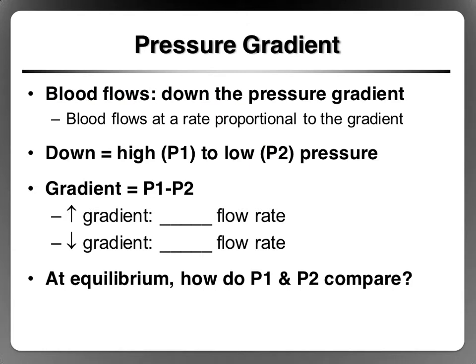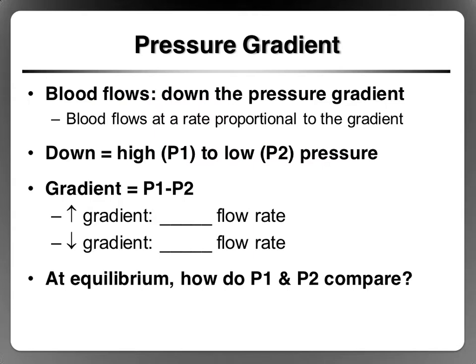So if you have a bigger gradient, the blood is going to flow faster. Smaller gradient, it's going to flow slower. To calculate the gradient, you just subtract the low pressure, which is P2, from the high pressure, which is P1, and you can easily calculate the gradient.